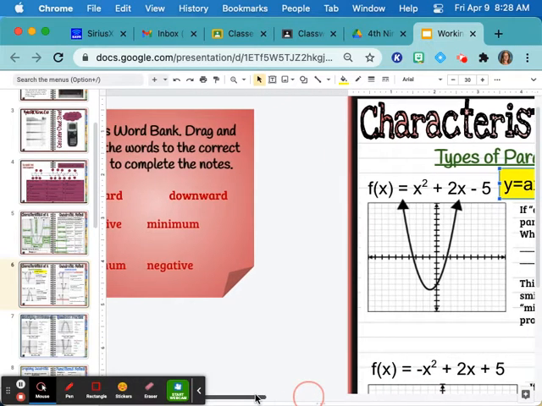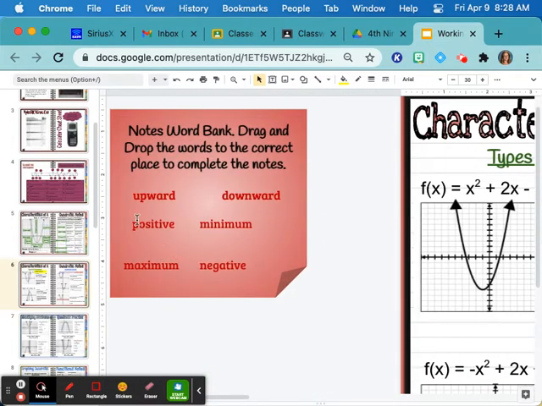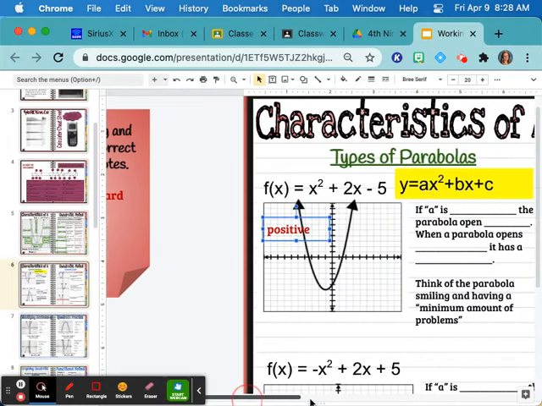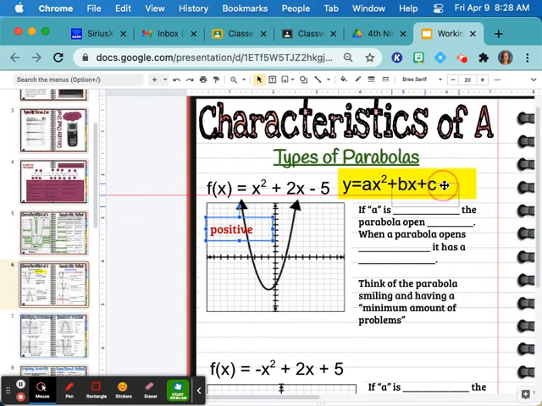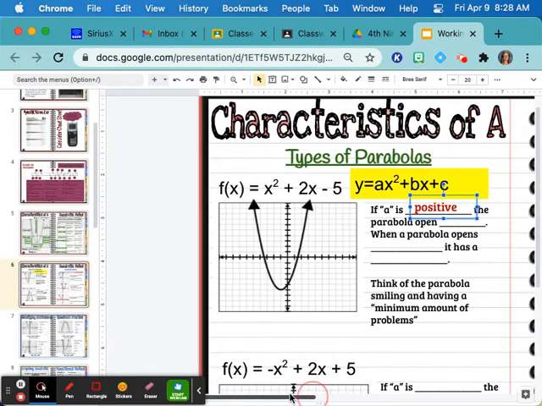If a is positive, so drag over positive. If the first value, the one with the x squared, is positive, the parabola will open upward.